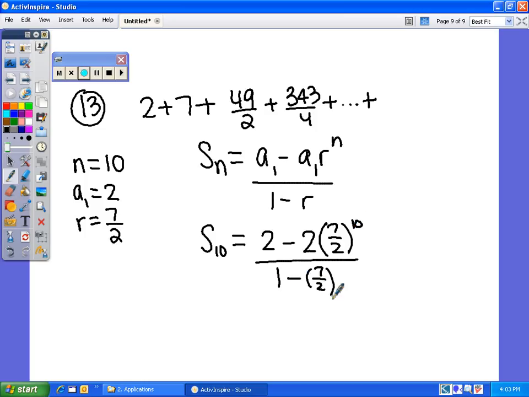So you can just put this in your calculator, and it winds up giving you 320,683.